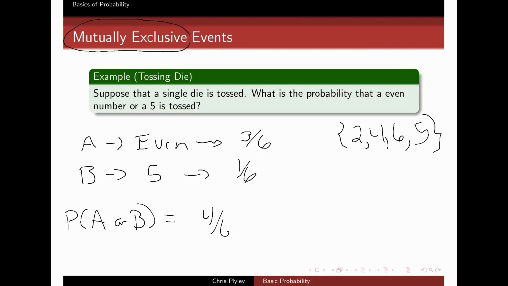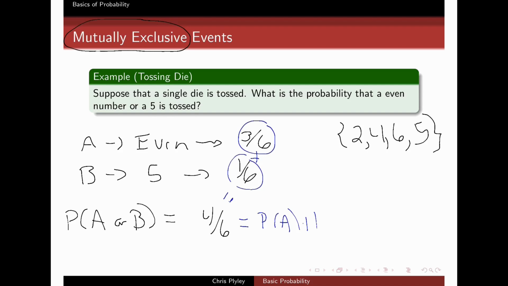So that probability is 4 out of 6. And notice that even though I said you can't just take probabilities and add them, 3 out of 6 plus 1 out of 6 does equal 4 out of 6. So in this case, it did actually work out that I could just add these probabilities together to get the probability of A or B.